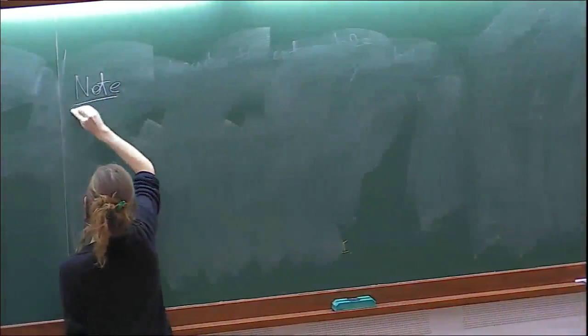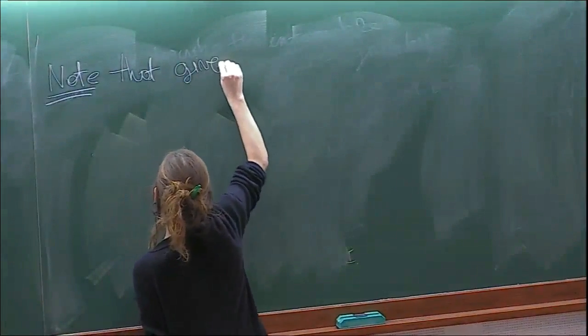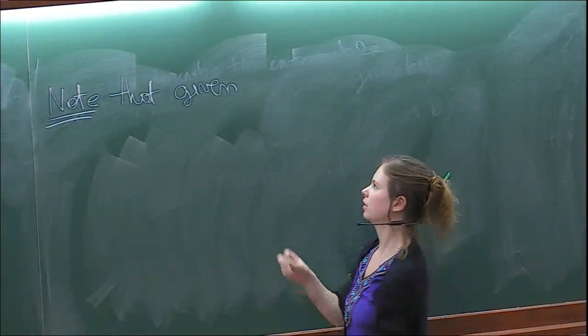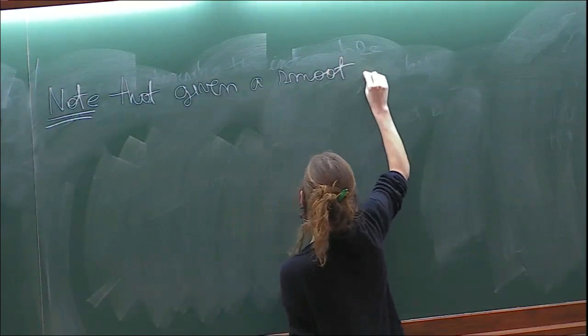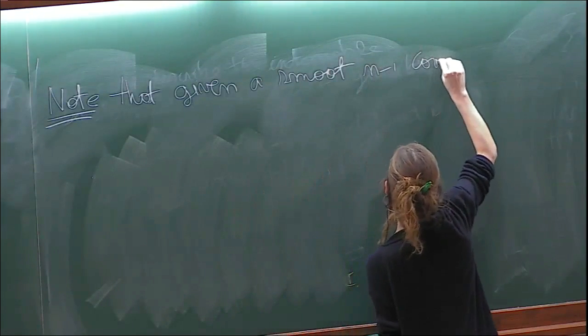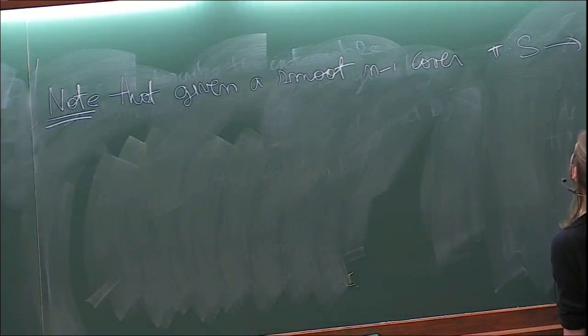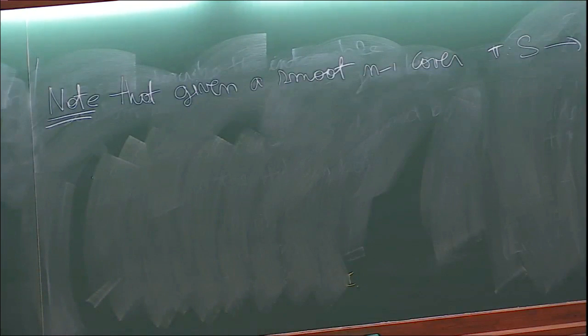So note that given a point in the base, so given a smooth n-to-1 cover S of the Riemann surface Sigma, we can take line bundles on it.